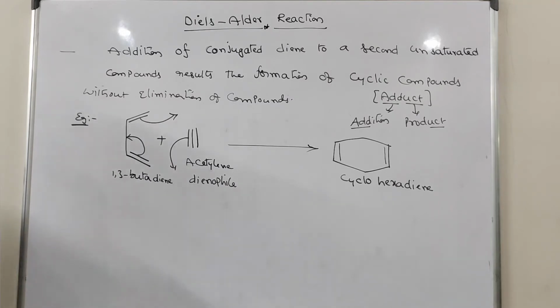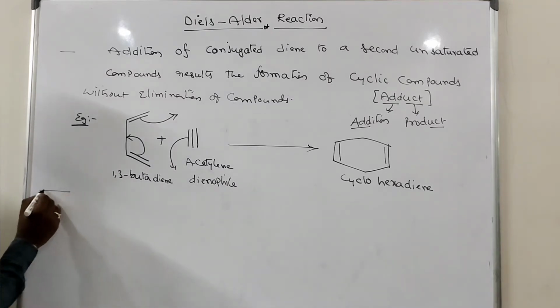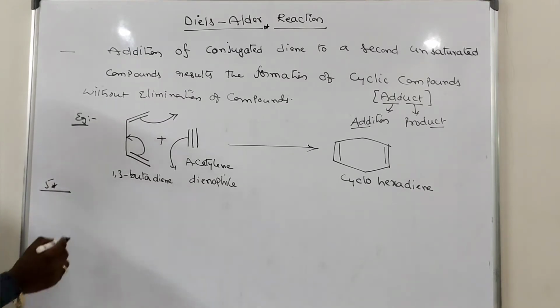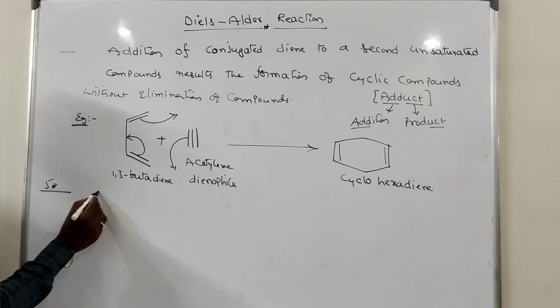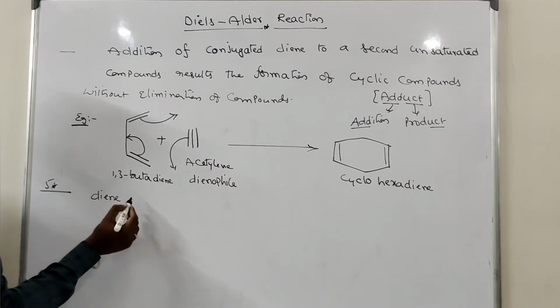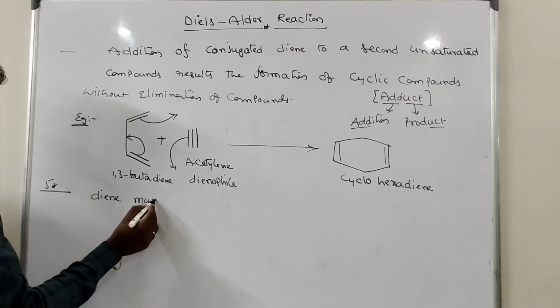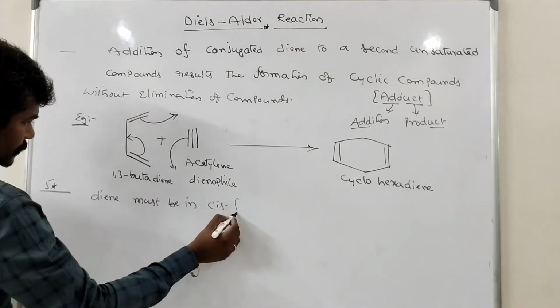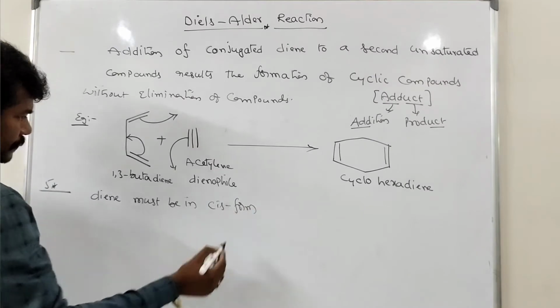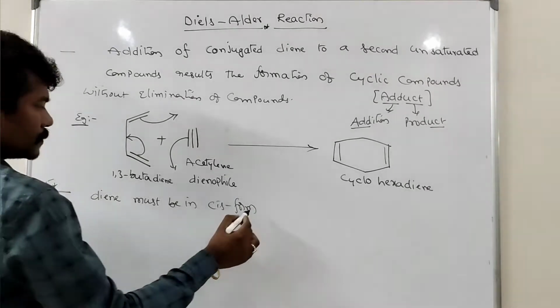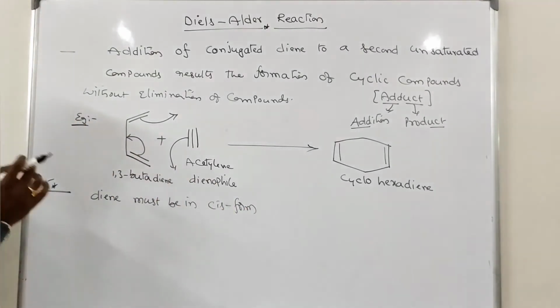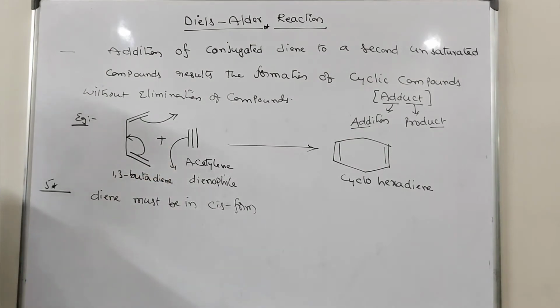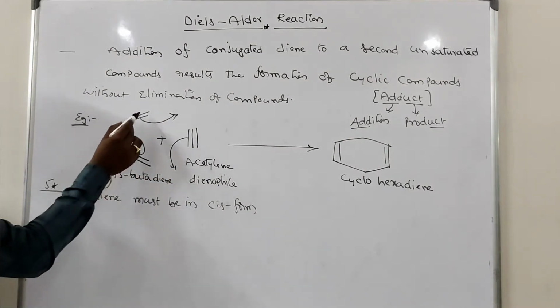So, the next point is very important. The diene must be in cis form. Trans form does not involve in this reaction. Let us see. This is cis form.